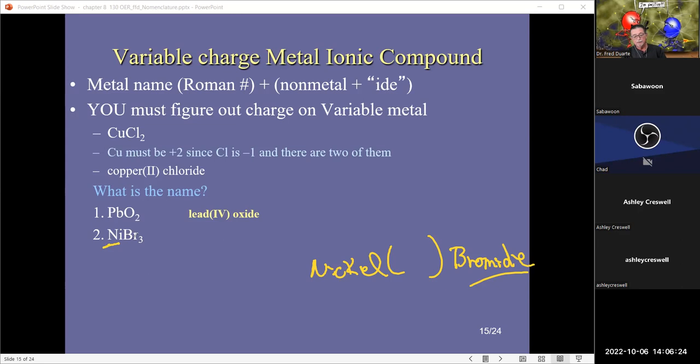We know that the bromides each have a -1. There's a total of -3 there. That infers that nickel must be a +3. So this becomes Roman numeral 3: nickel, Roman numeral 3, bromide.